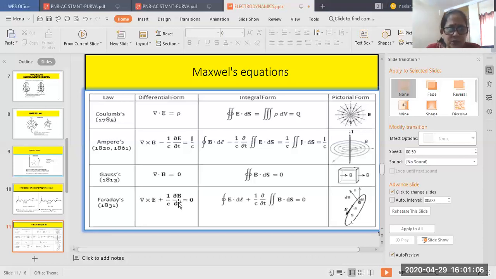Similarly, if I take one dimension for B, this will be Bx. You can see here, Bx is changing as a function of time. So the sum of the variation in the electric field and the change in the magnetic field, the net change, is 0. That means the change in the electric field is the negative of the change in the magnetic field. So the net result is 0 here.